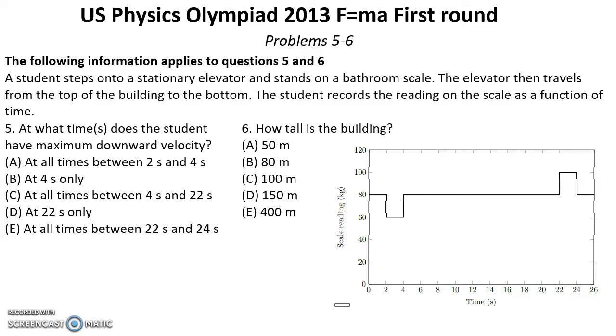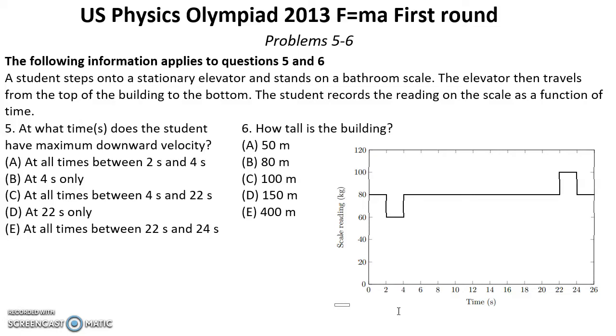Solution. As we can see from the picture, from 0 to 2 seconds the elevator is not moving because the reading of the scales is the same as the student's weight. But between 2 and 4 seconds the reading is just 60 kilograms. It means that the elevator is going down with a constant acceleration.